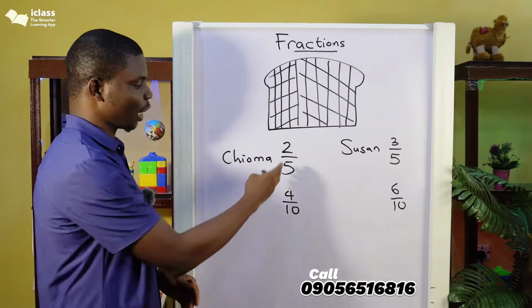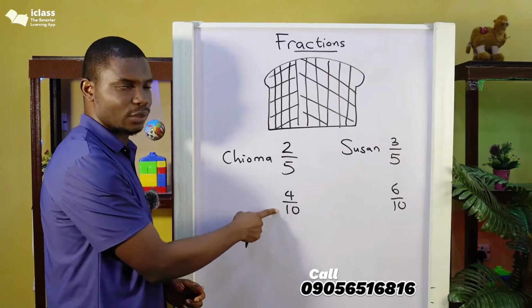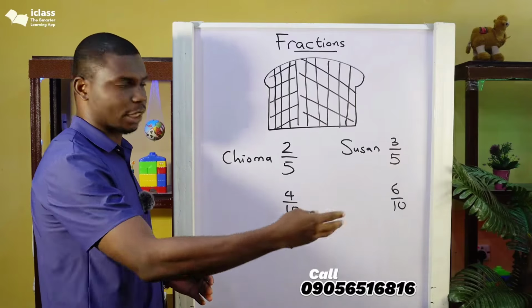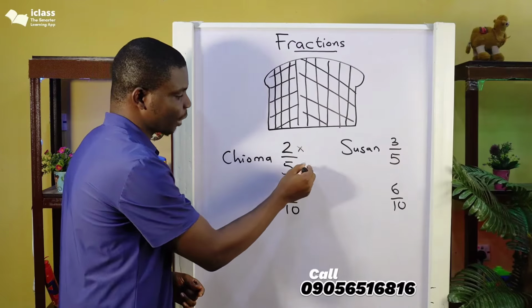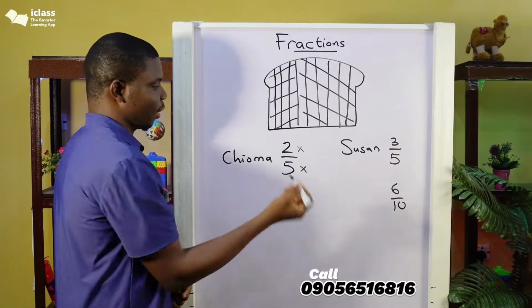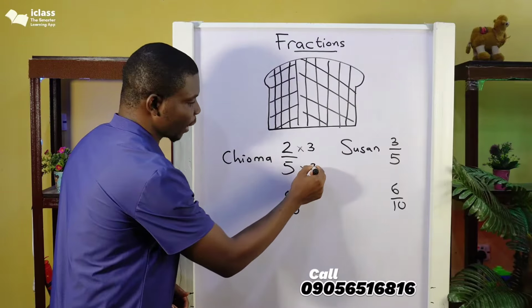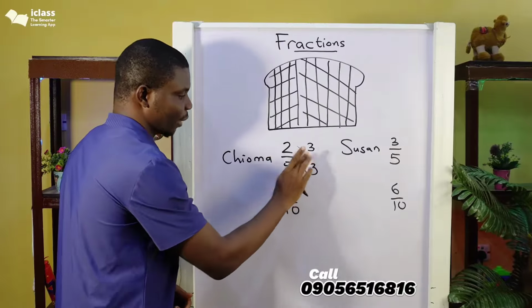Now we can get more equivalent fractions of 2/5. So this is not the only equivalent fraction of 2/5. All I need to do to get more equivalent fractions is just to multiply the numerator and the denominator by the same number. If, for instance, I want to multiply the numerator by 3 and the denominator by 3, then I would get 6/15, right?